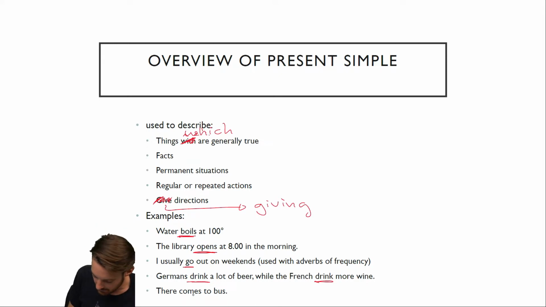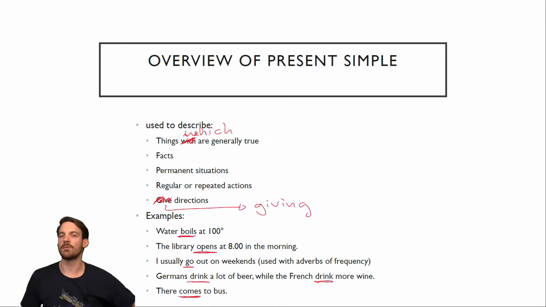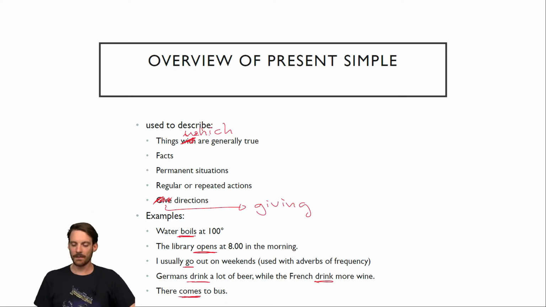Simple aspect, that's just a thing you should remember. There comes the bus, there comes the car, there comes Maria, for example. Hi. Yeah, that's basically the present simple.